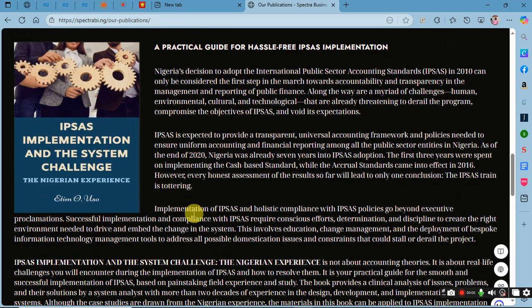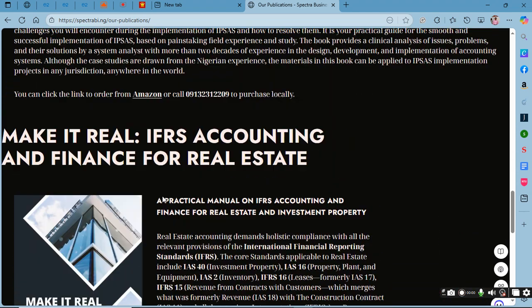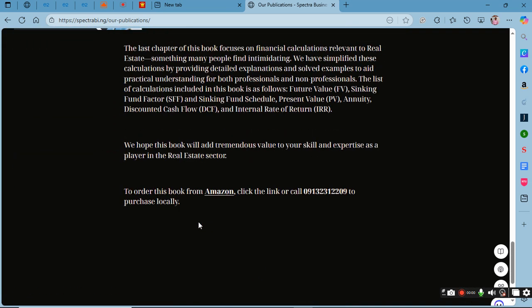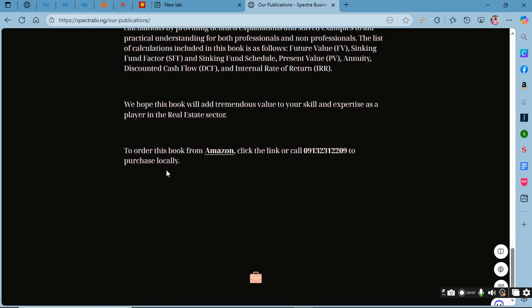This one is IPSAS Implementation and the System Challenge, the Nigerian Experience. It's very detailed. It's a practical case study of what we have learned in our implementation of IPSAS across Nigeria. And then we also have this one, IFRS Accounting and Finance for Real Estate. So this one is for IFRS Real Estate.